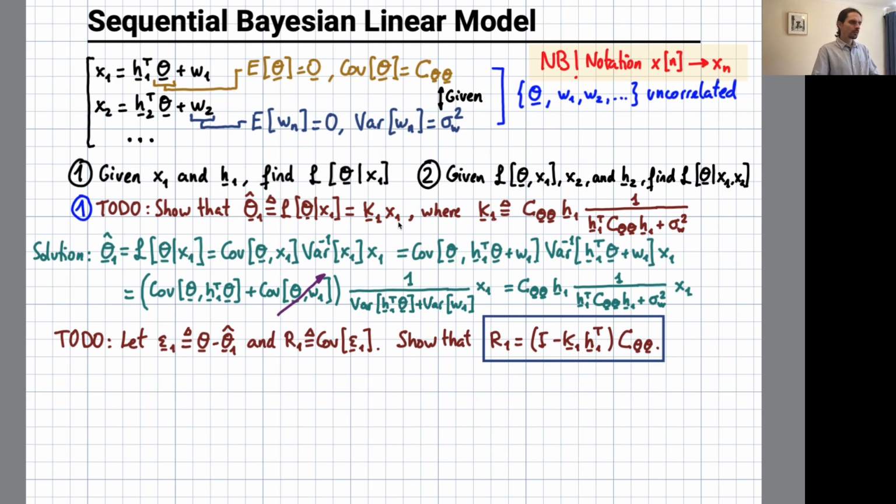And to solve step 2, it will be very useful to first obtain the covariance of the error from step 1. So in this exercise the goal is to show that that covariance matrix is precisely given by this expression.